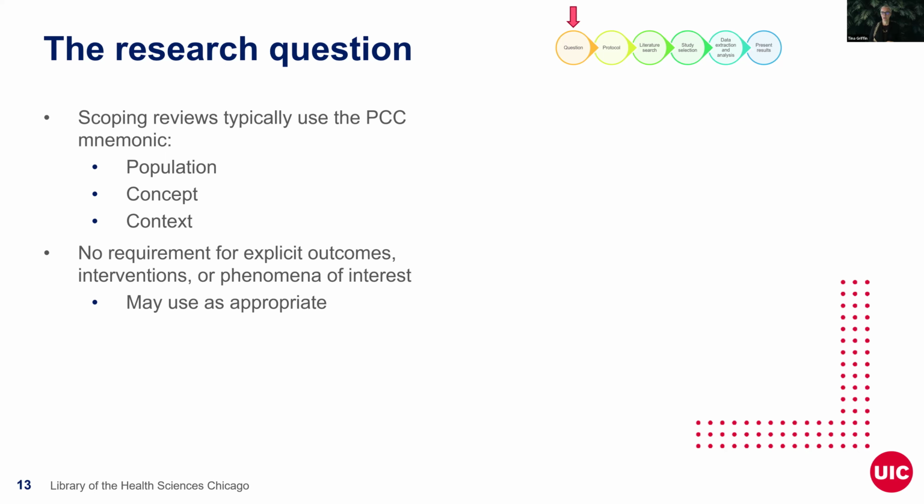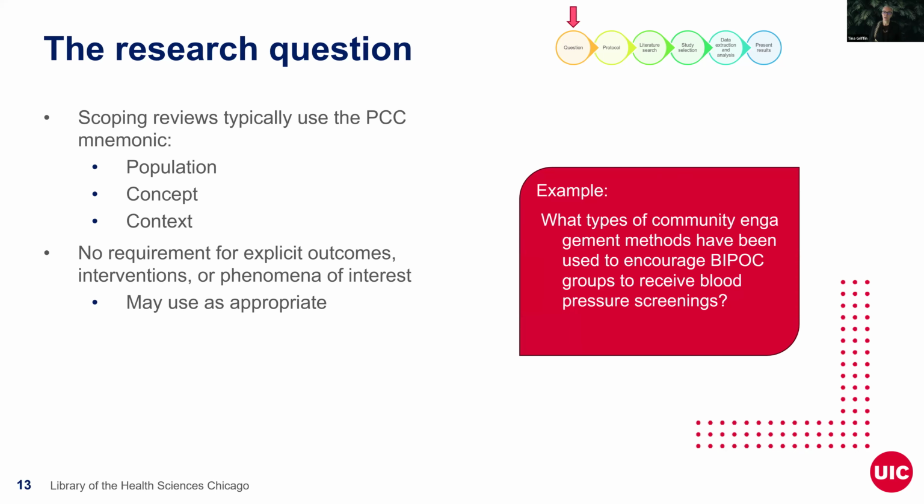That's fine. I've seen plenty of scoping reviews that don't. But an example of a PCC-type research question that a scoping review would ask is something like this. What types of community engagement methods have been used to encourage BIPOC groups to receive blood pressure screenings?